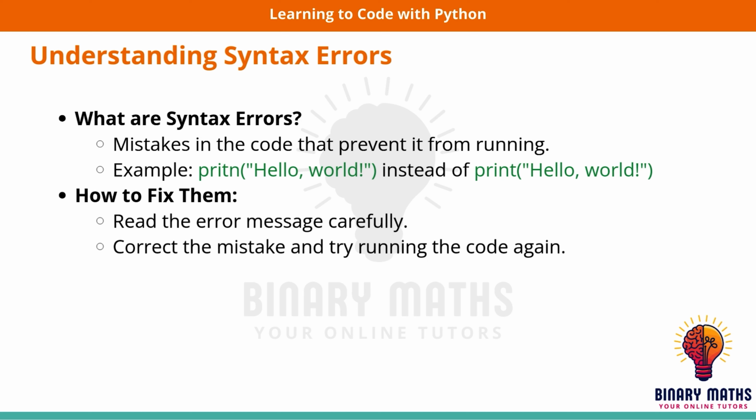So Python won't understand the command and will throw an error. To fix syntax errors, carefully read the error message provided by Python, which usually points out where the mistake is. Then correct the error and try running your code again. If you have corrected it the way it should be, your program should run.